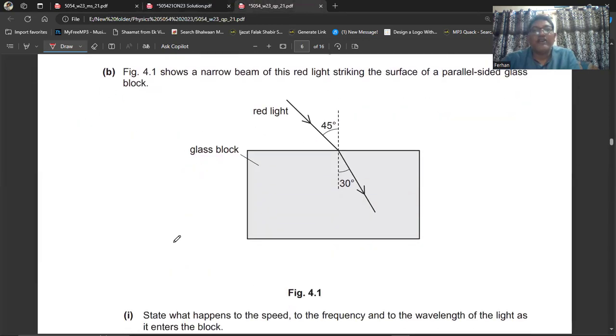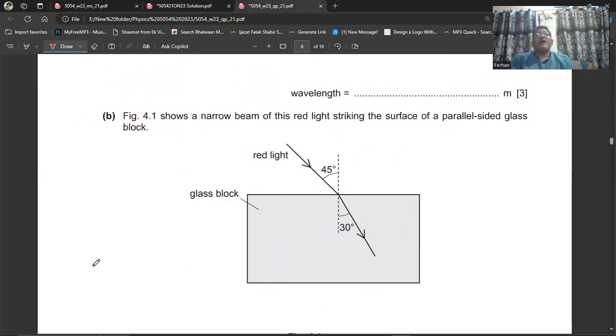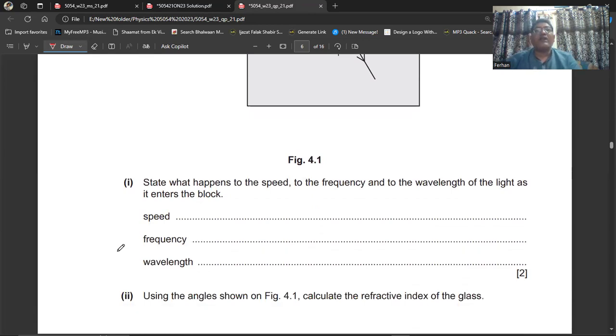Question number 4, and its B part. He says, figure 4.1 shows a narrow beam of this red light striking the surface of a parallel-sided glass block. So here the red light is entering into a glass block. Air is less dense, the glass block is more dense. This is the angle of incidence, this is the angle of refraction. He says, state what happens to the speed, the frequency, and the wavelength of the light as it enters the block.